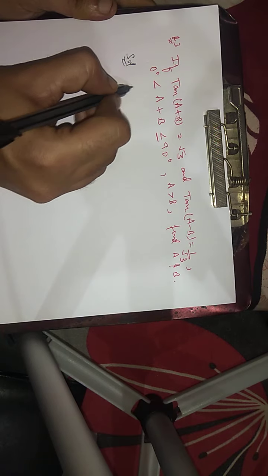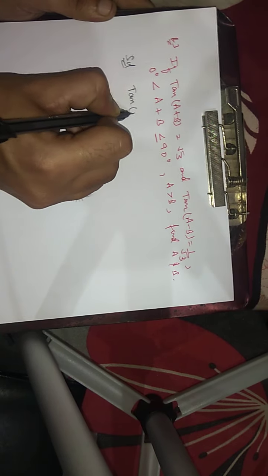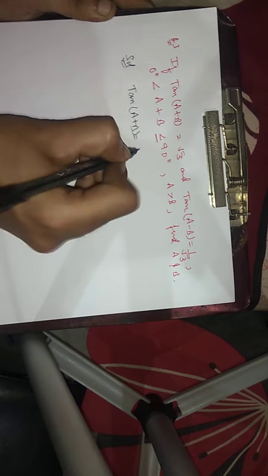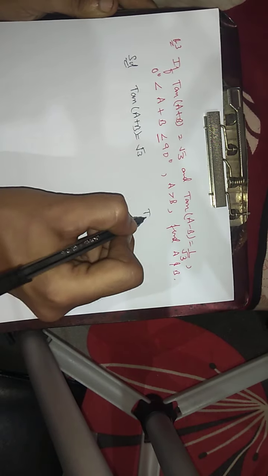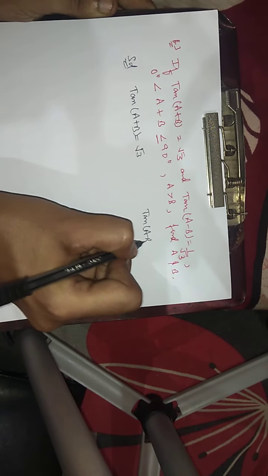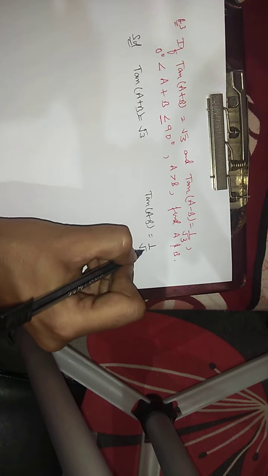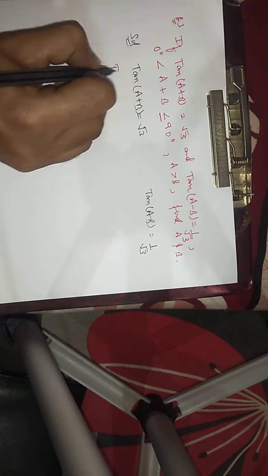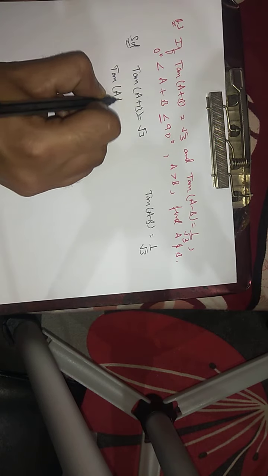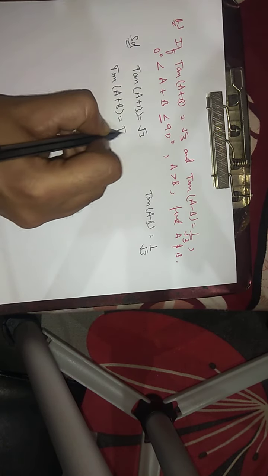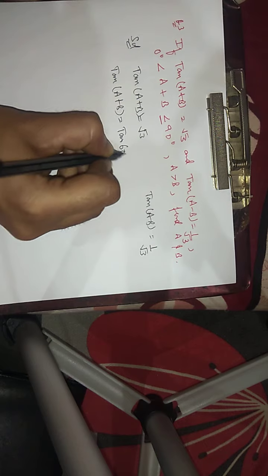We are given that tan of a plus b is equal to under root 3 and tan of a minus b is equal to 1 upon under root 3. We know the value of tan is under root 3 at 60, so it's tan 60.